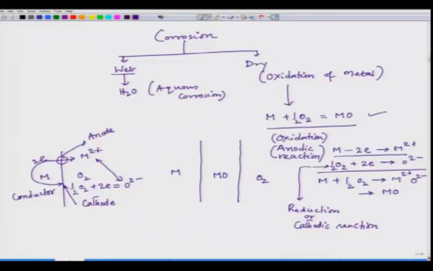So, this metal oxide forms on top of this metal surface. So, now we have a situation like this: metal surface, metal oxide and oxygen.